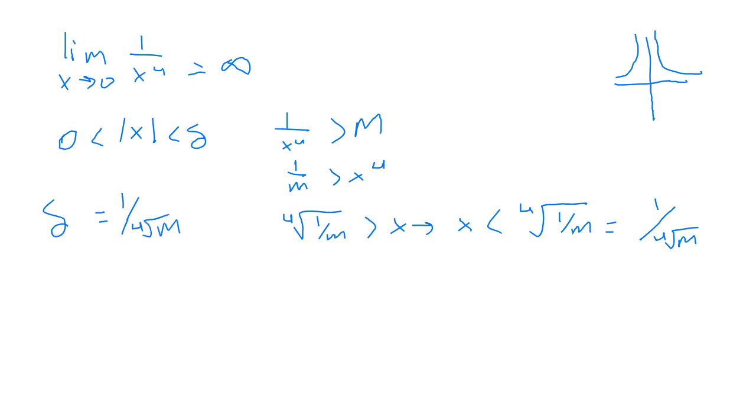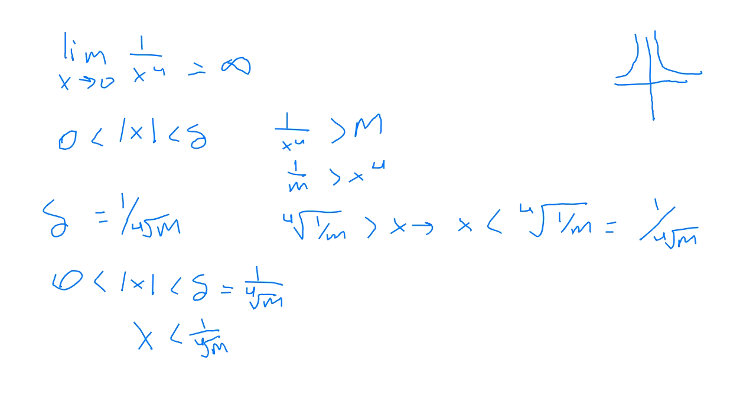So let's go ahead and plug everything back in to where now we have 0, which is less than absolute value of x, which is less than our delta, which we have said is 1 over the 4th root of m. Well, now from here, let's think back to what we had earlier. So we know that x is going to be less than 1 over the 4th root of m.